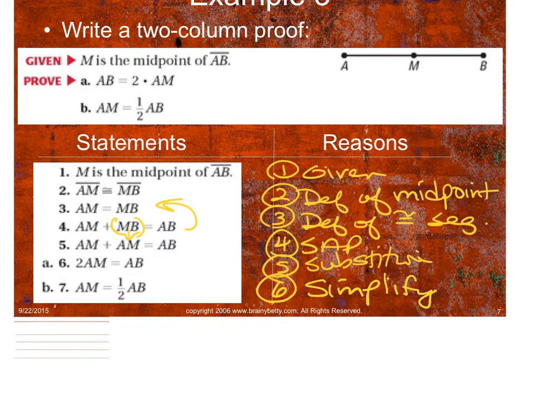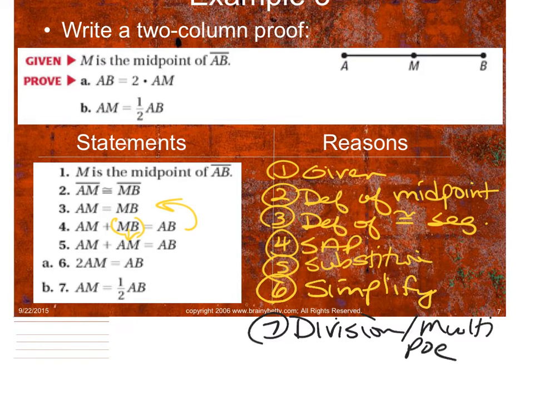And then the last step, you can either say division property of equality, good, or multiplication. You're either dividing by 2 or multiplying by the reciprocal. So for that last step, I would take either. You could say either division or multiplication property of equality.